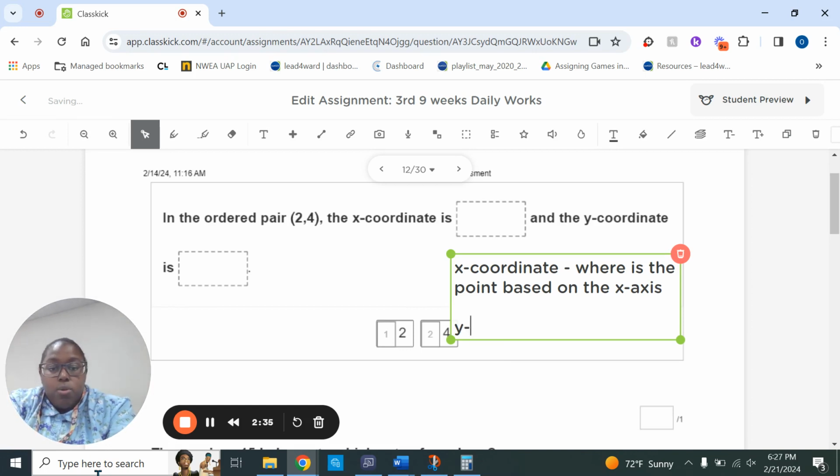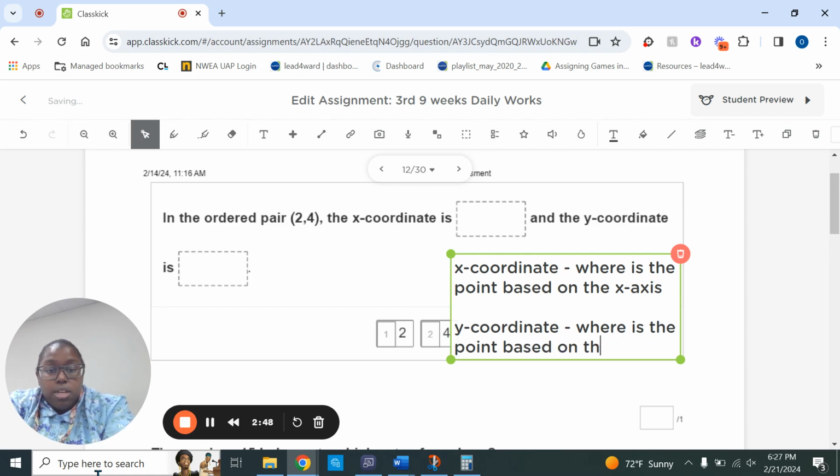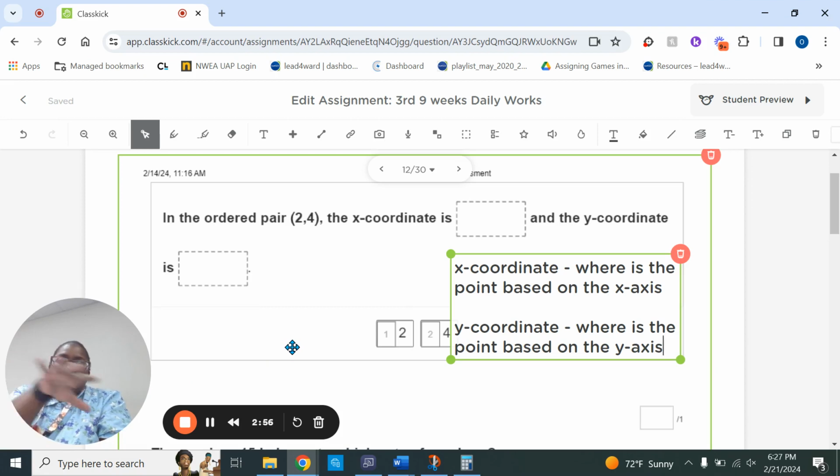Then you got the y-coordinate. Same thing, but where is the point based on the y-axis? Okay. So we need to figure out where the point is based on the x-axis and where the point is based on the y-axis.